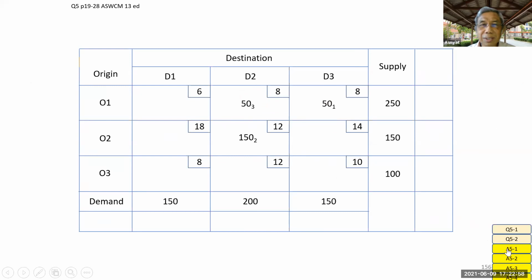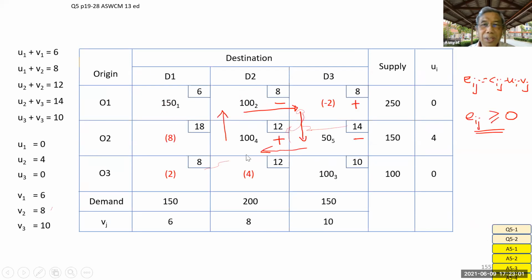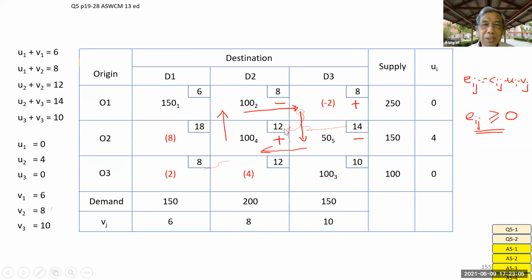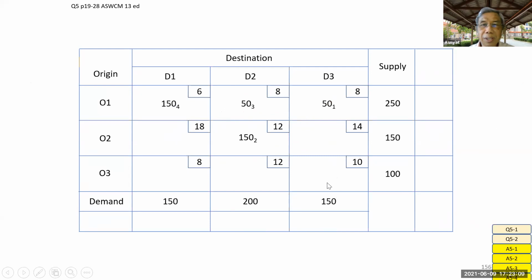The others, like this one, 150, and here 100, are not touched by the closed loop, so just copy back. So this is your second tableau.